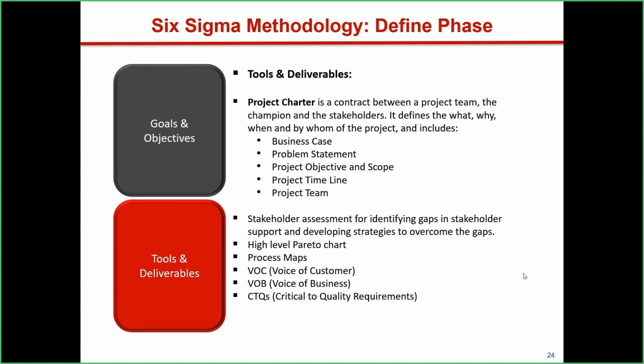The tools that you'll be seeing can be used as a single standalone tool for getting output. So whatever tools like Pareto, RACI, Project Charter, and a lot of them, you can use as a standalone tool to fix problems or identify gaps. We'll also be learning how to use process maps, voice of customer, voice of business, and CTQs, critical to quality requirements.